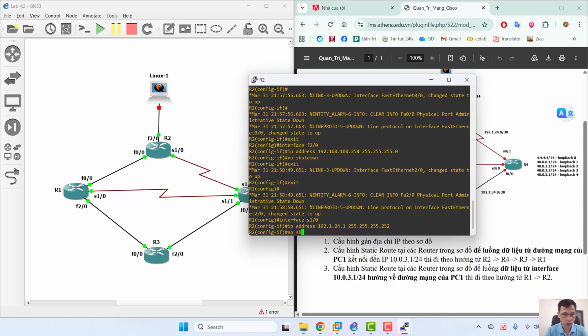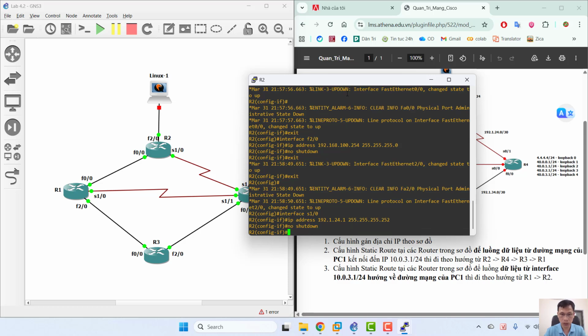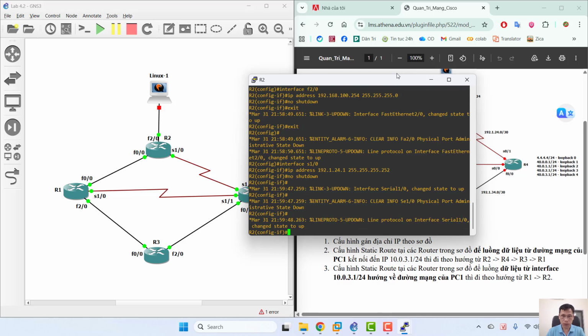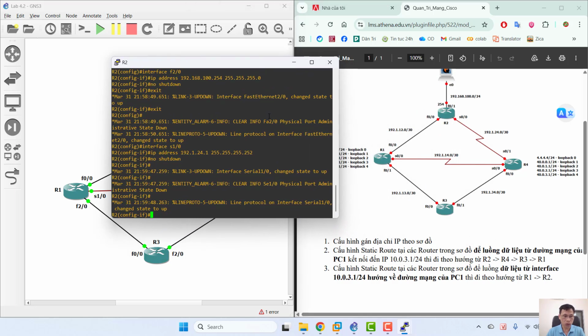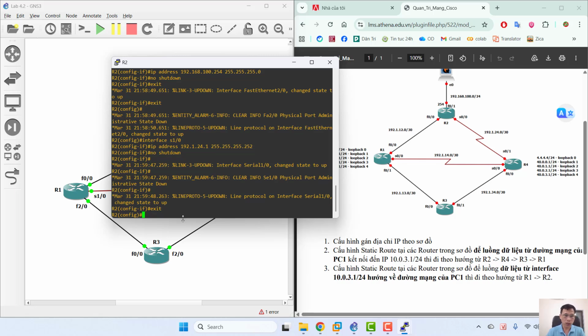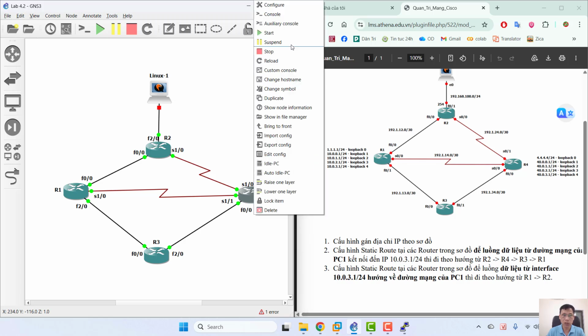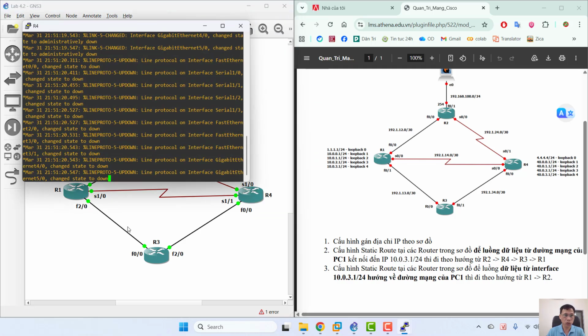Enter. No shutdown. Enter. Okay, we finish. Now I go to router number 4, console mode.